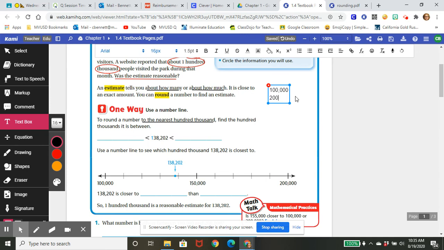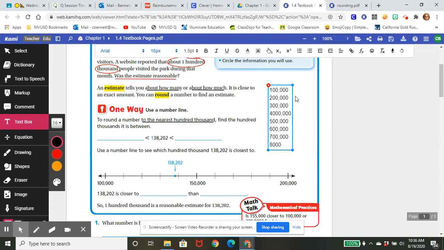I could have 200,000. I could have 300,000, 400,000, 500,000. I could have 600,000. It goes all the way up to 900,000. These are the 100,000s that it could be between.